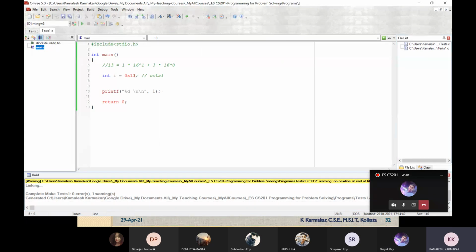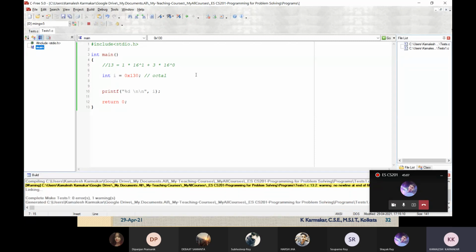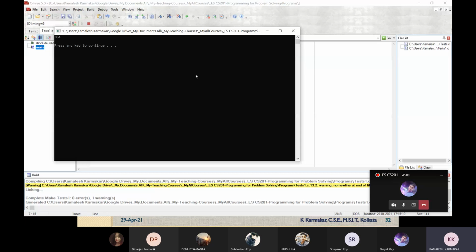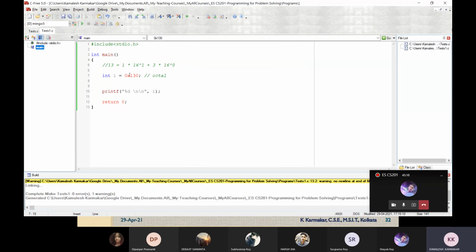Now if I write something more than this, like 130, accordingly it will be calculated. In this way, when we are using integers, things are represented like this.